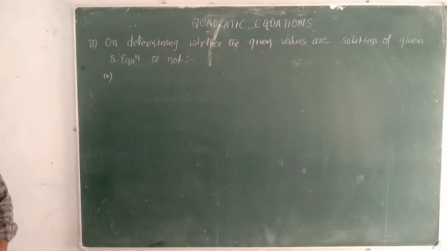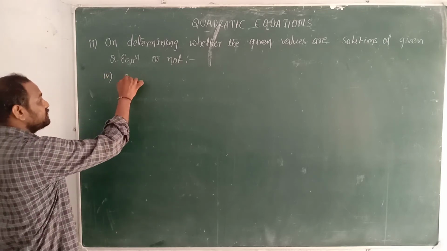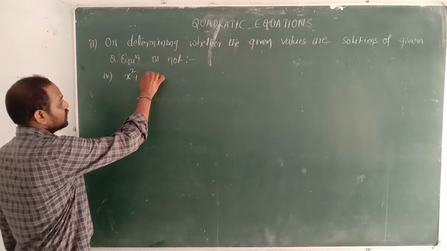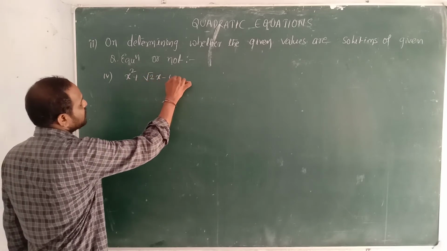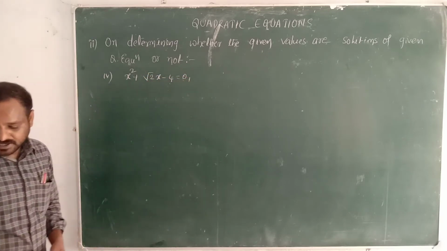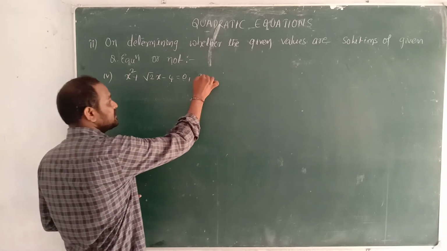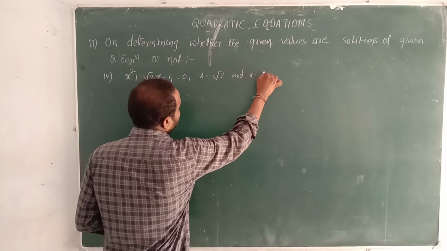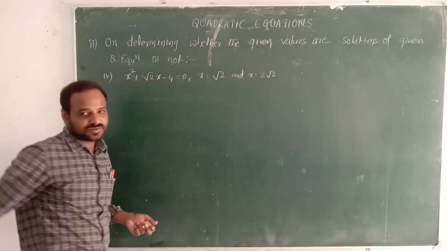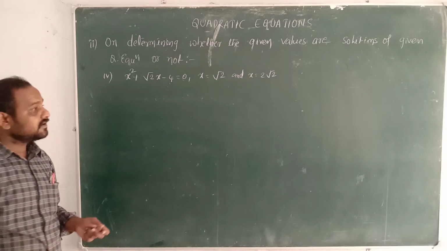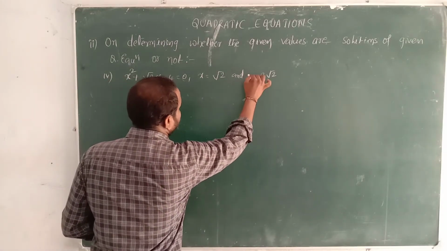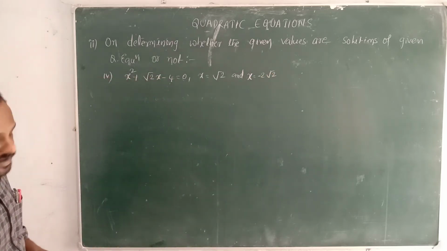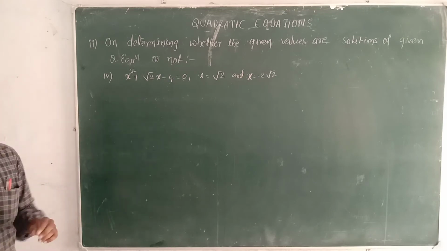So here the quadratic equation is given: x square plus root 2x minus 4 is equal to 0, and we have to check whether x is equal to root 2 and x is equal to minus 2 root 2, so these two are the roots of the given quadratic equation or not.